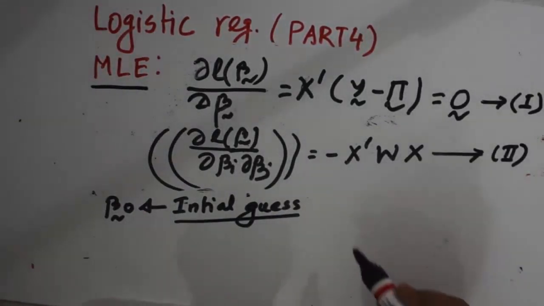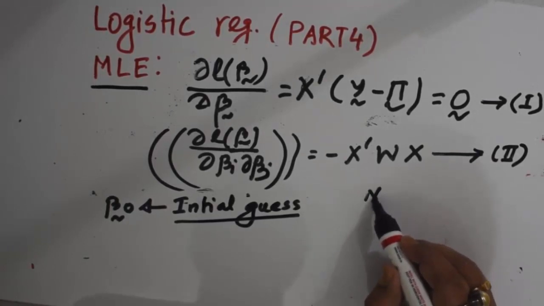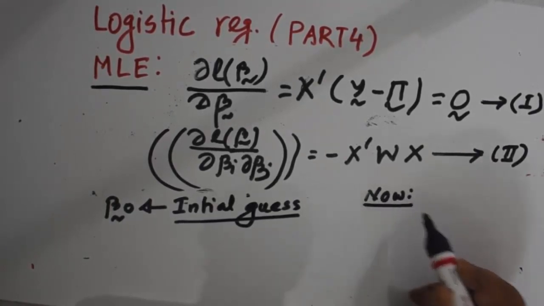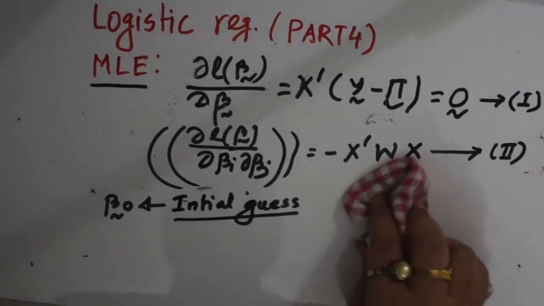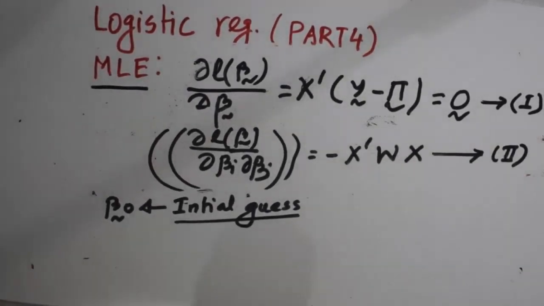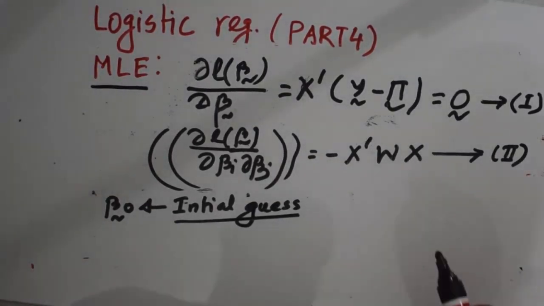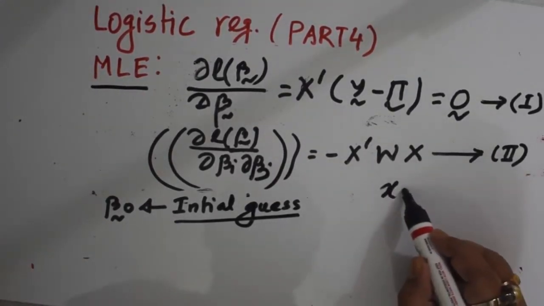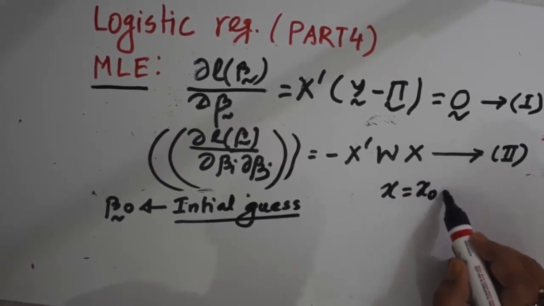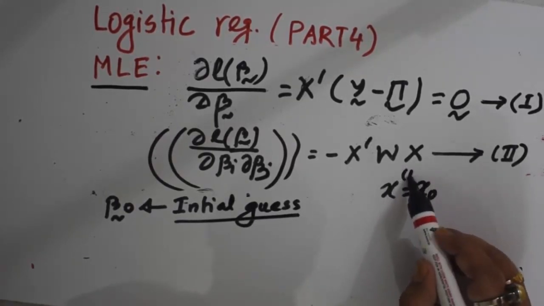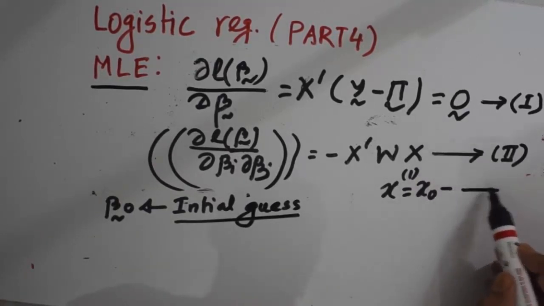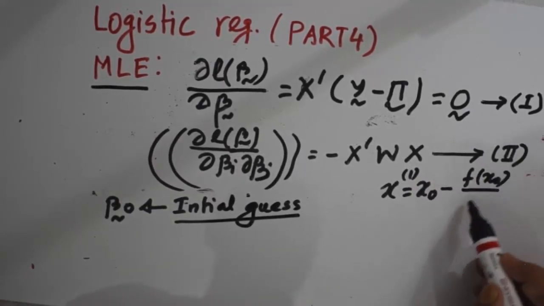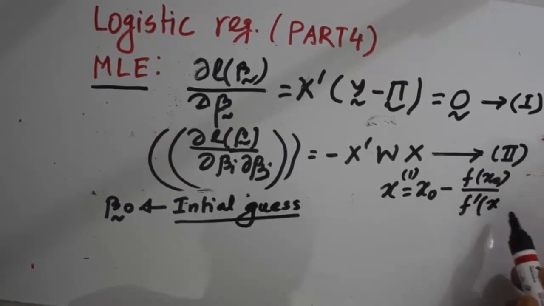Now I write the method here: x1, the first approximation, equals x naught minus f(x naught) by f dash x naught.